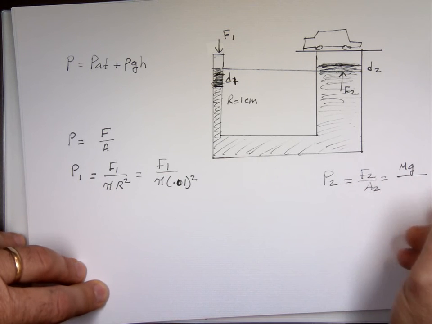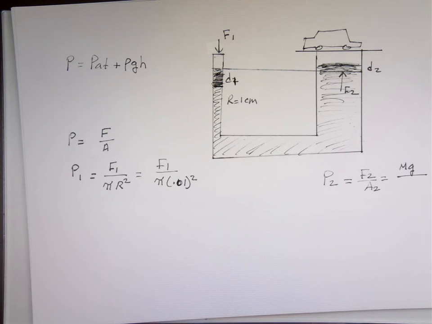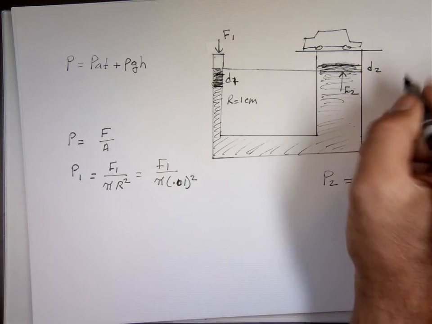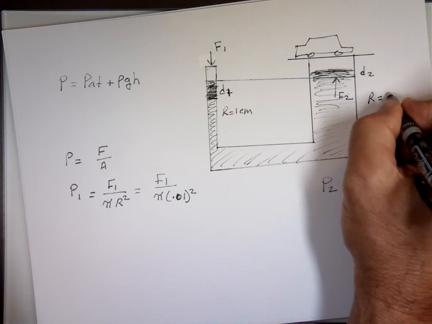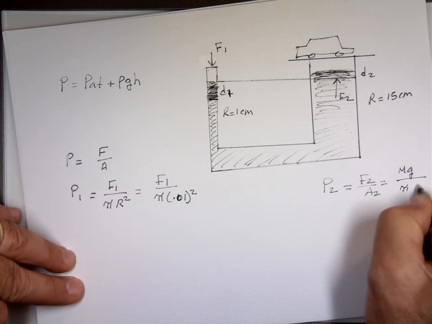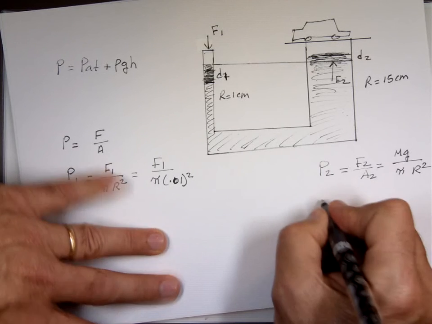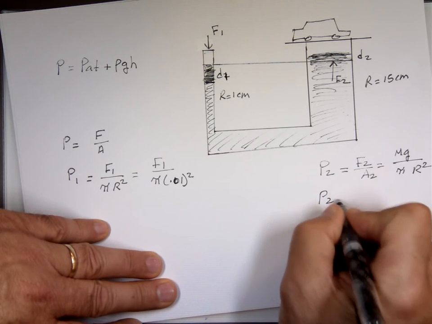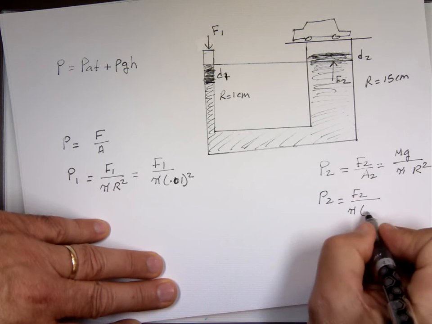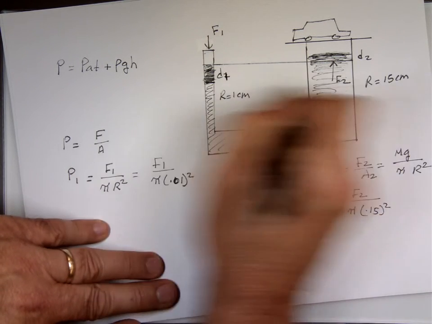Area 2 is that cylinder, usually a good sized cylinder, probably with a 15 centimeter radius, so pi r squared. It's F2 over pi times 0.15 squared. And if you pick a spot like this, the height is the same, that means the pressure is the same.